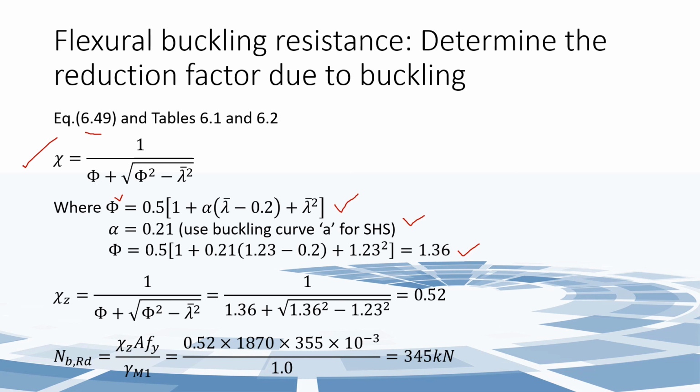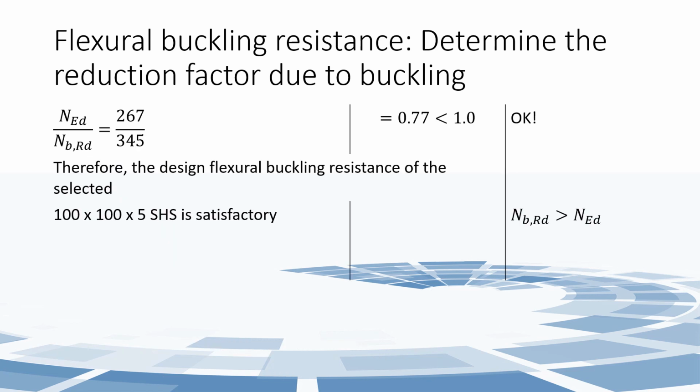And then χz is equal to this formula, and calculating it you get the value of 0.52. And for the flexural buckling resistance, using this equation, you already got χz and A, Fy is already known, γ_M1 is already known, so the flexural buckling resistance is equal to 345 kilonewton. Check the adequacy, so N_Ed divided by N_b,Rd is less than 1, so it means it's adequate. The size that we chose is satisfactory.